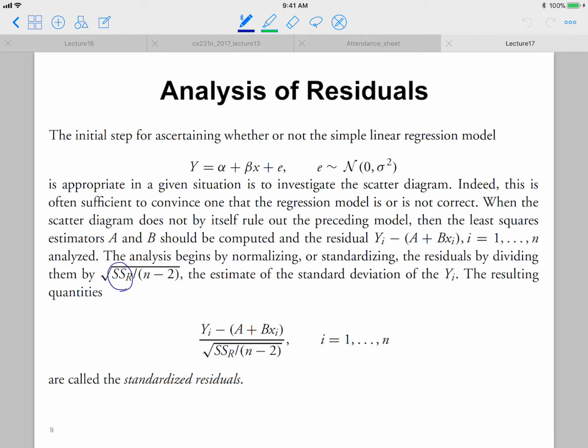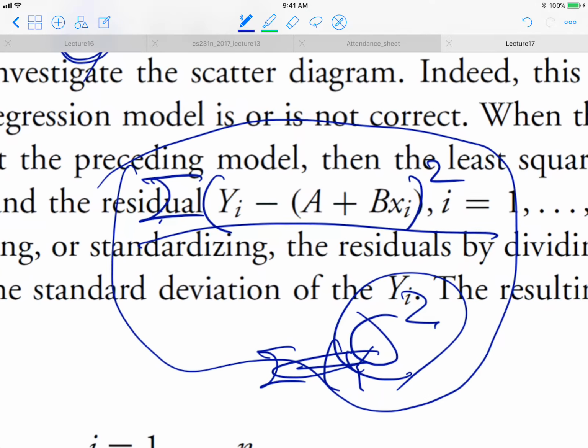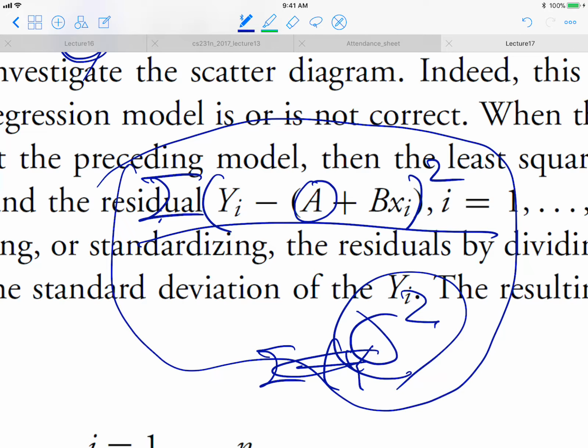So this SSR, yi minus the fitted value, squared and summed, right? If we divide it by sigma squared, which is the variance of the original error term, then this is following the chi-square distribution.